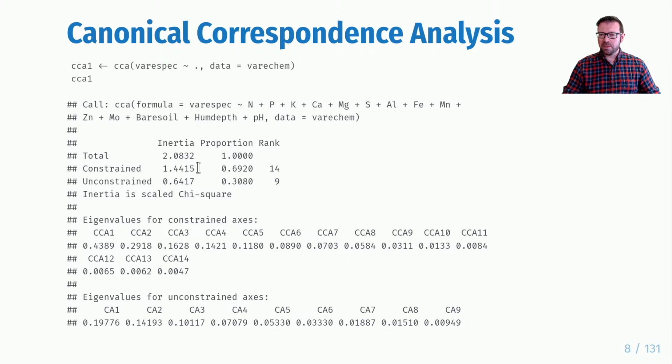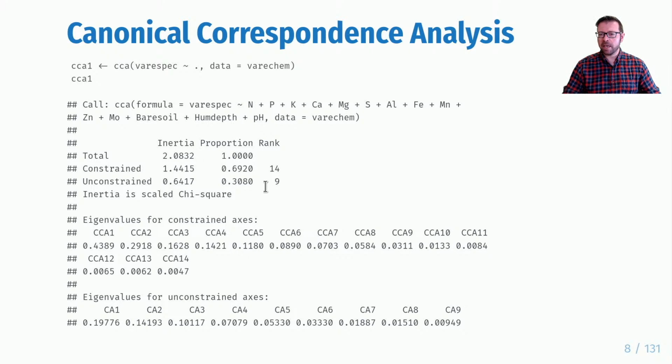This is the line that says the constrained. That's the amount of variation that was explained by all of these environmental variables in this data set. And this line here, the unconstrained, that's the amount of variation that's left over. And so we had 14 variables in our model, and then we have 9 remaining axes of variation.